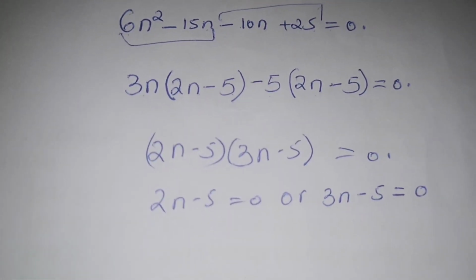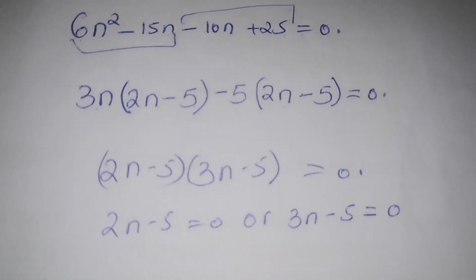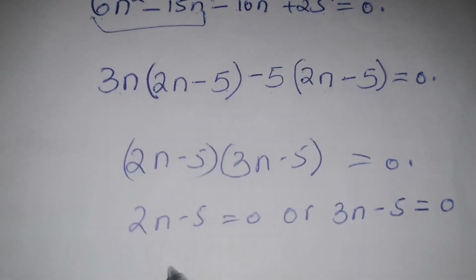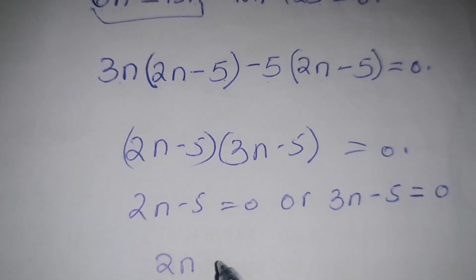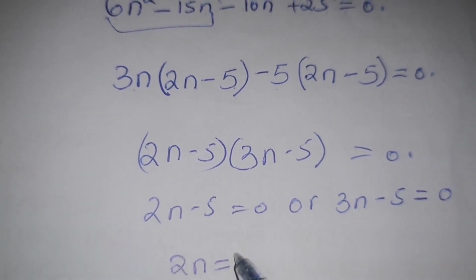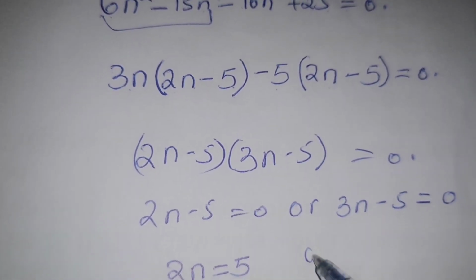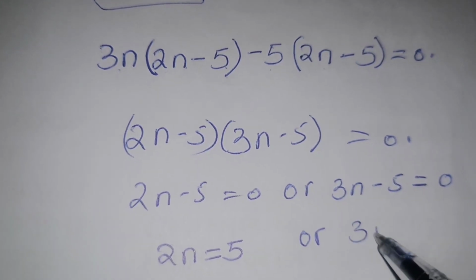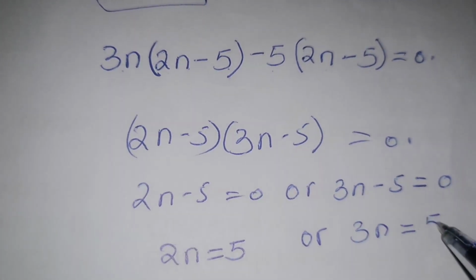Next, find the value of n. So this means that 2n minus 5 is equal to 0, so 2n is equal to 5, or 3n is equal to 5.